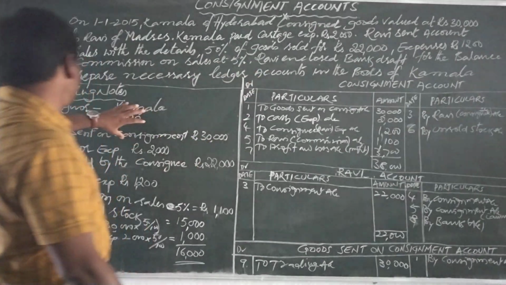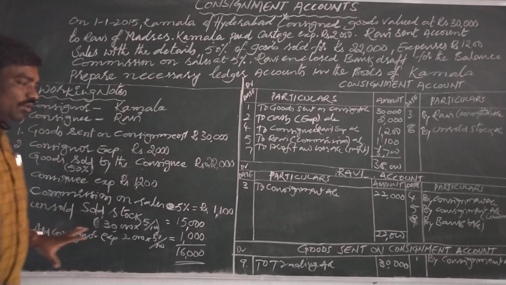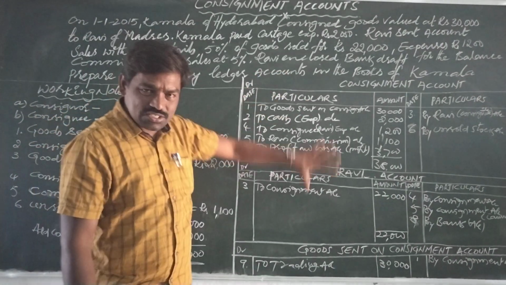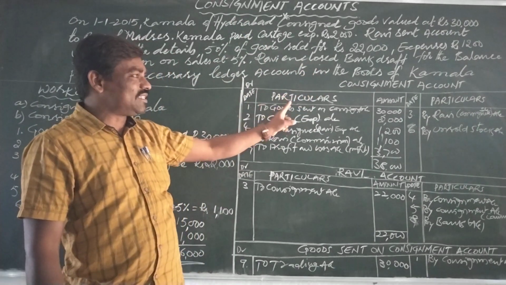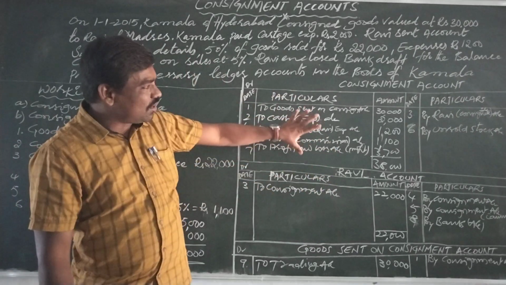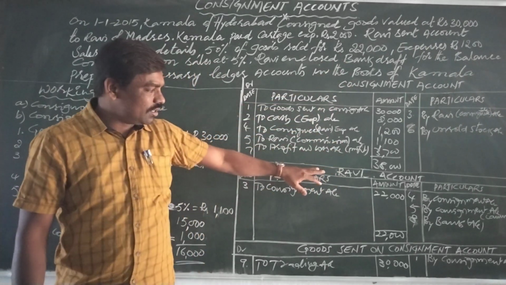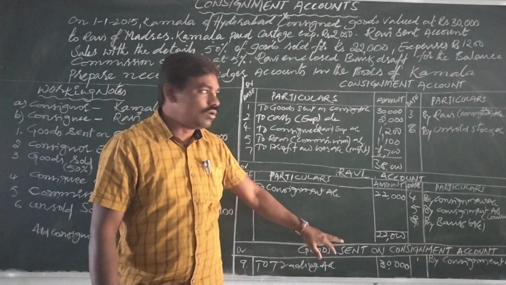Then make working notes. After making the working notes, you prepare necessary ledger accounts in the books of consignor. In this problem, we are asked to prepare the necessary ledger accounts in the books of consignor. So we need to prepare only 3 accounts. One is consignment account, second consignee account, third goods and consignment account.